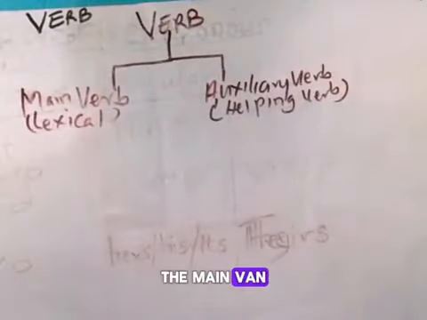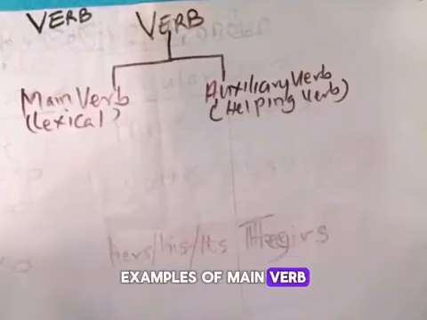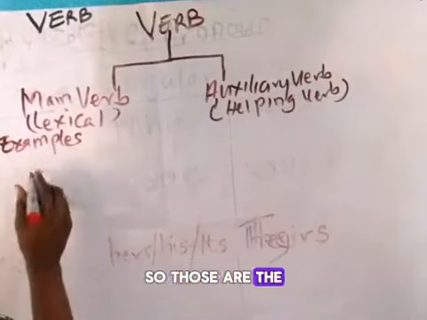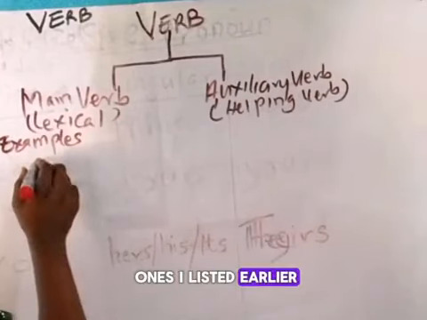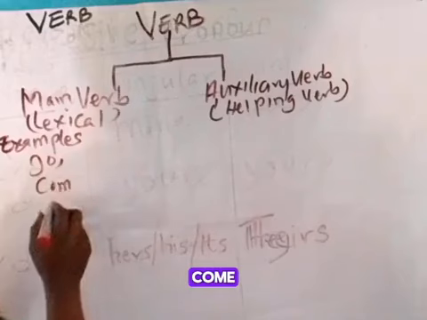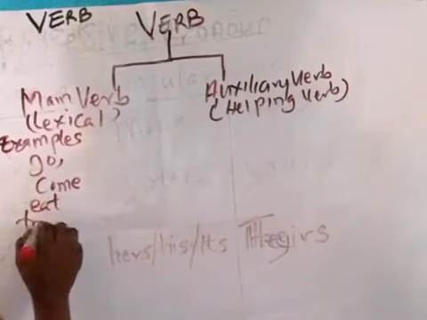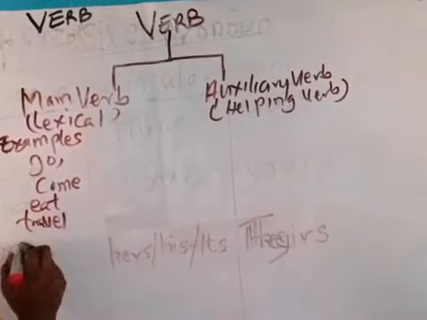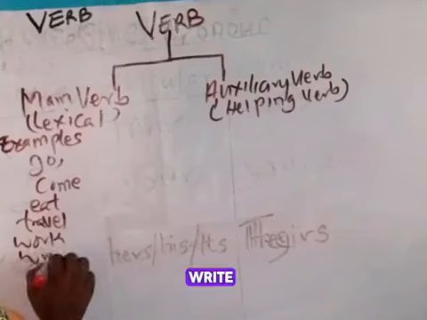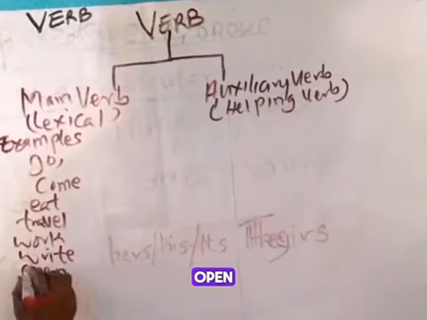Now, the main verb. Examples of main verb. So those are the ones I listed earlier. Go, come, eat, travel, work, write, open.